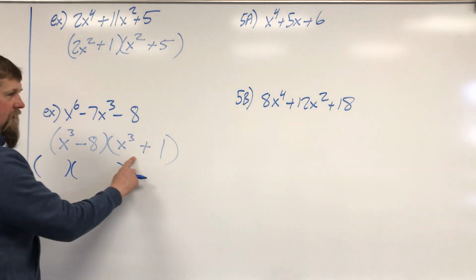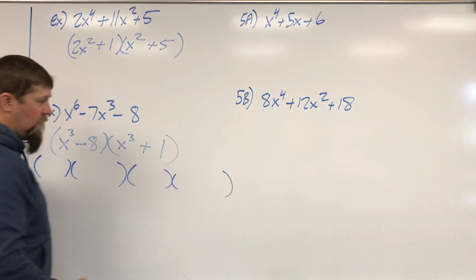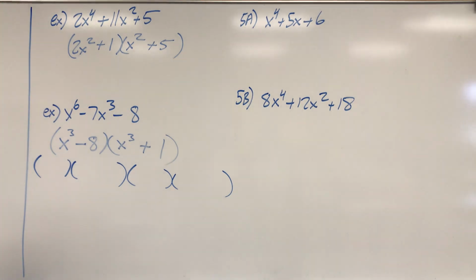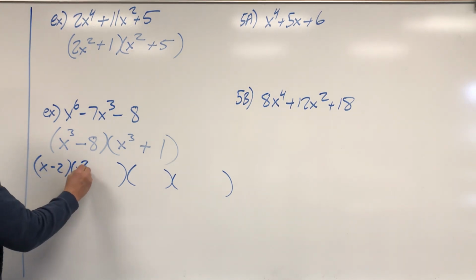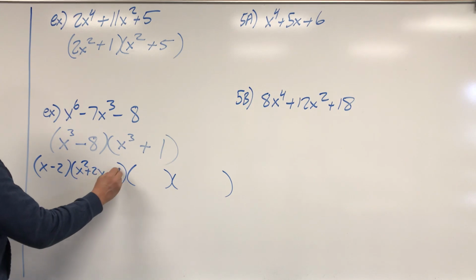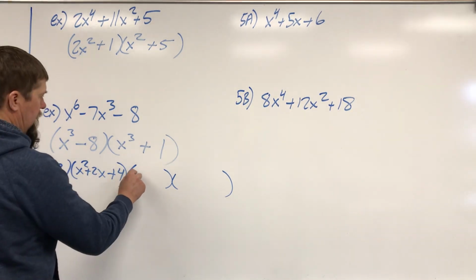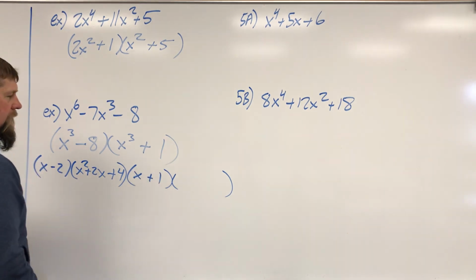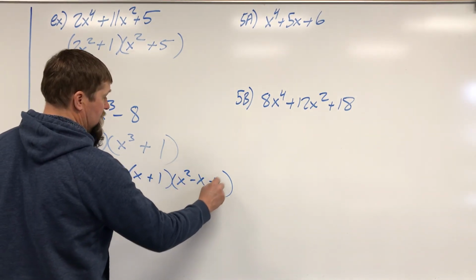This is the sum of two cubes, which is also factorable, so I should be able to factor that further. x minus 2, x squared plus 2x plus 4. This one, x plus 1, x squared minus x plus 1.